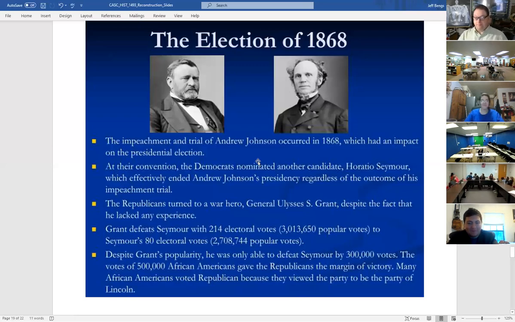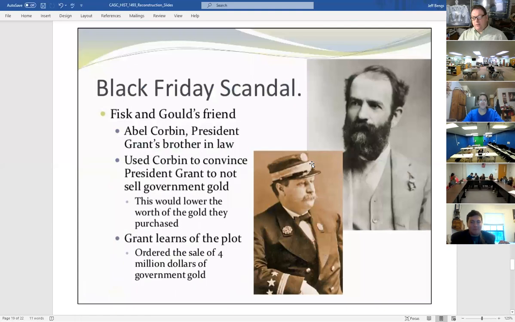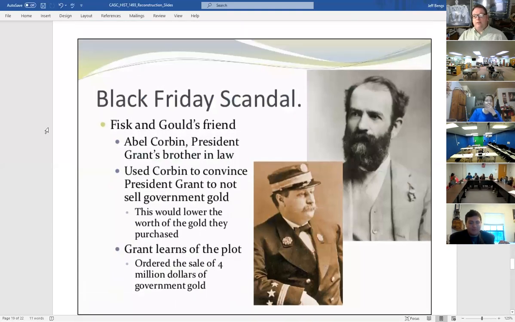One of the scandals was the Black Friday scandal, these two guys here, Fisk and Gould, they thought they would come up with a plan to make a lot of money off of gold.